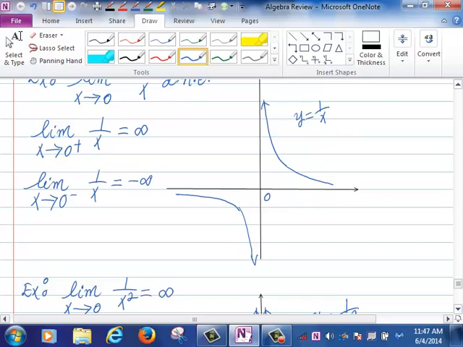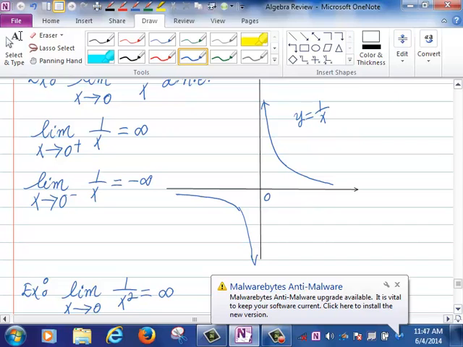Now, I'm going to ask you the same question. What's the limit of 1 over x as x goes to negative infinity? As x goes to negative infinity, realize that the value of the function is getting closer and closer to 0 as well. What you're doing here is dividing 1 by bigger and bigger negative numbers, right? But again, the ratio will be very, very small, close to 0.